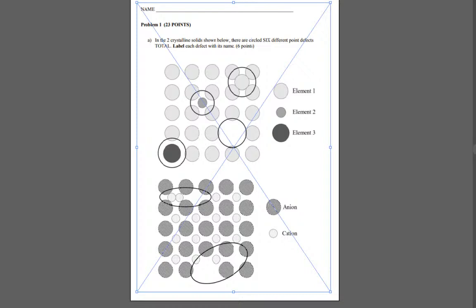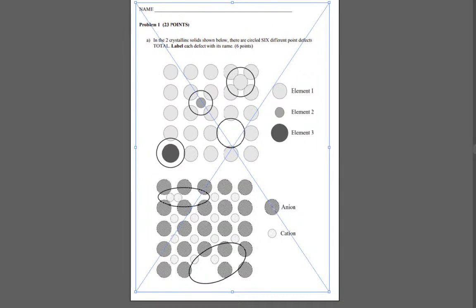In the two crystalline solids shown below, there are circled six different point defects total. Label each defect with its name. And by the way, this is allowed on your cheat sheet, but it is not really required because you can just memorize this a bit.